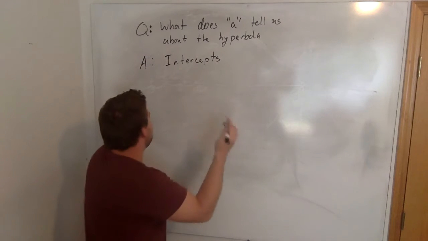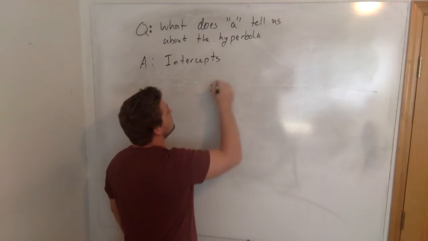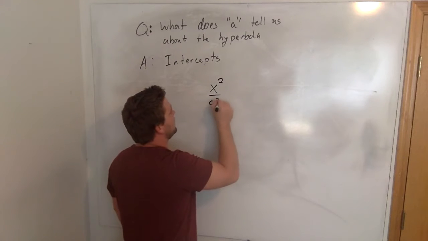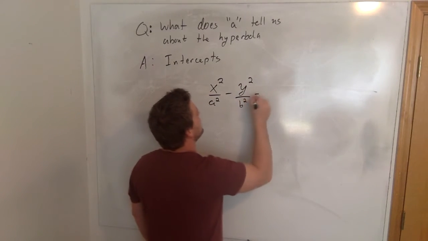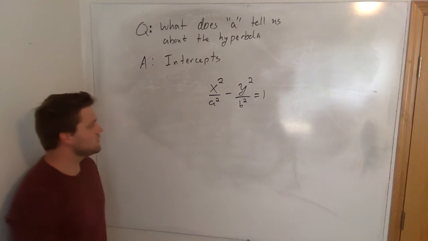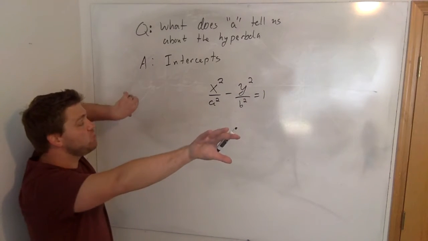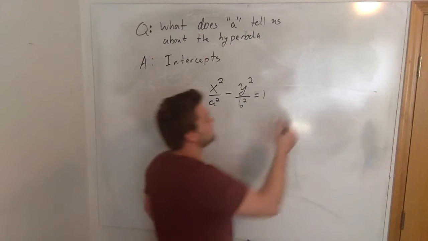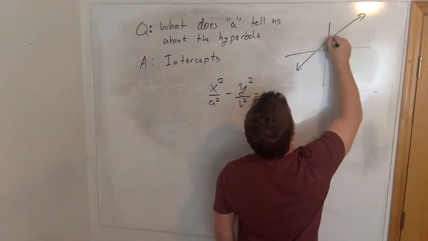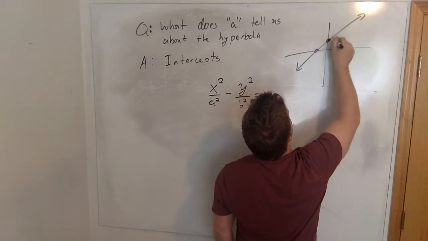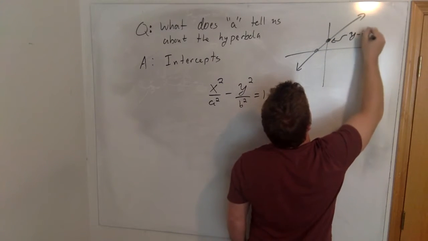Let's say that someone presented you with x squared over a squared minus y squared over b squared equals 1. We want to know, does it open left and right, or up and down? What's going to help us is to think about intercepts. Where the graph crosses the y-axis is what we call the y-intercept.